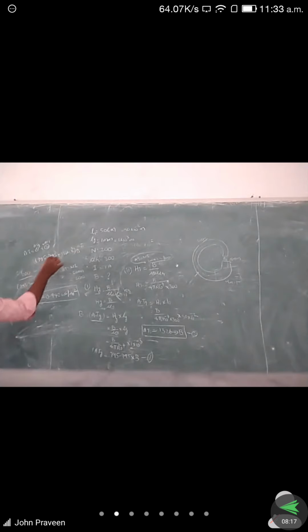Then we sum the two terms, and it equals 200. So 200 is equal to B into this value, so B equals 200 divided by this value. Finally the B value is 0.942 Webers per meter square. This is the value we found for the given problem.